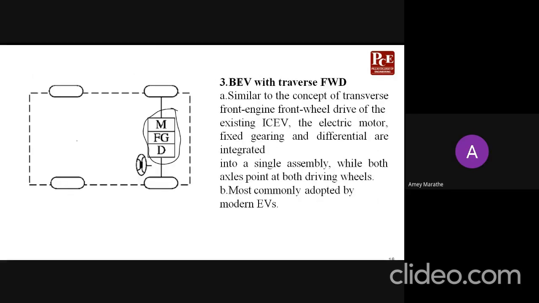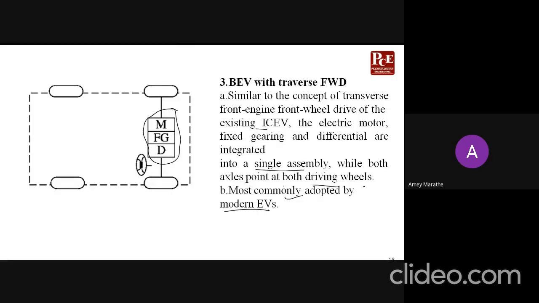Similar to the concept of the transverse front engine, front wheel drive of an IC engine, the electric motor, fixed gearing and differential are integrated into a single assembly, while both the axles are the driving wheels. This type of configuration is the most commonly adopted by modern EVs. It is one of the most important configurations used by modern battery electric vehicles.